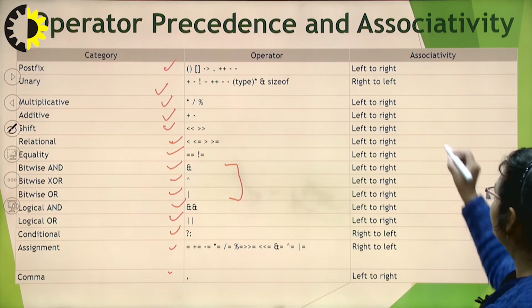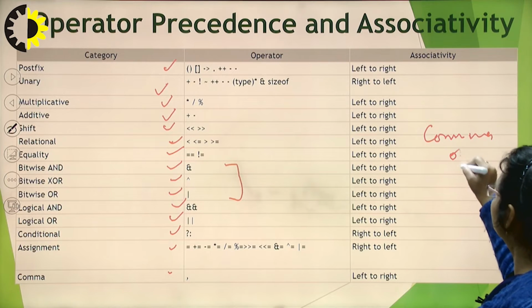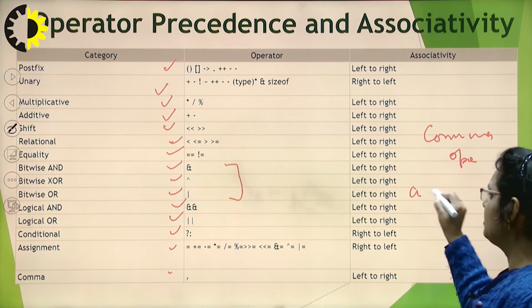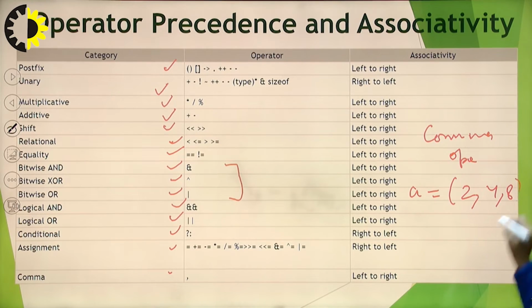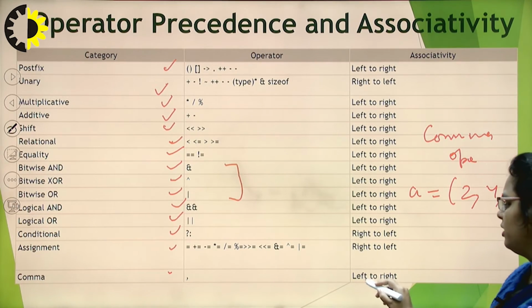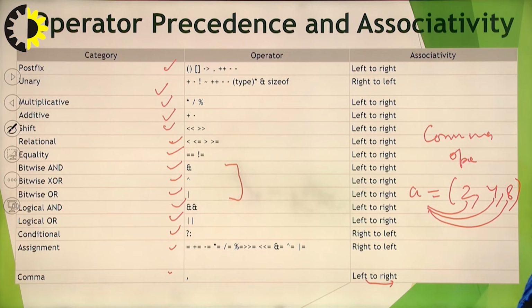Whenever we talk about the comma operator, suppose we have an expression A is equals to 2, 4, 8. This comma operator has associativity from left to right. First A has a value 2, then A has a value 4, and then A has a value 8.